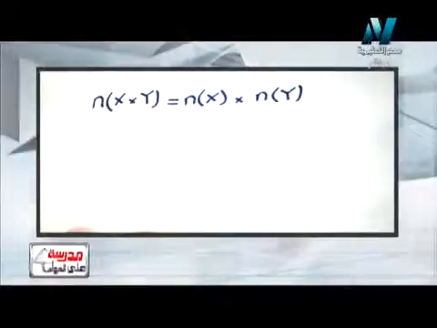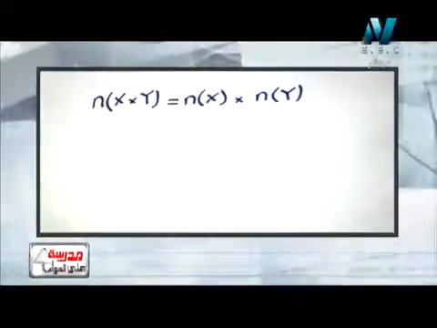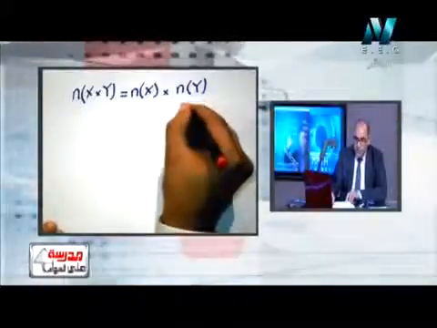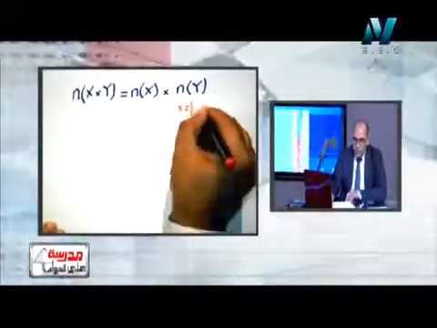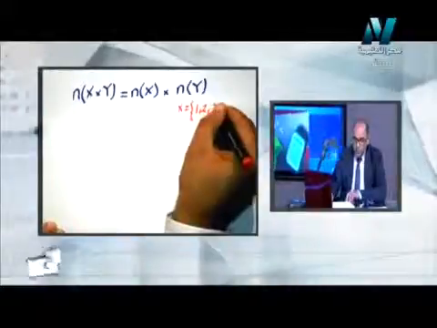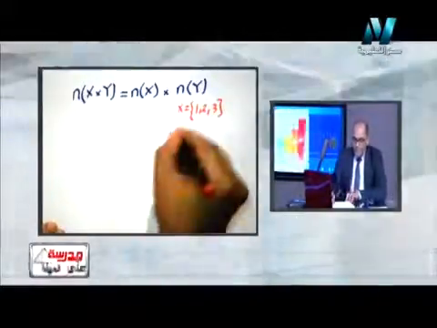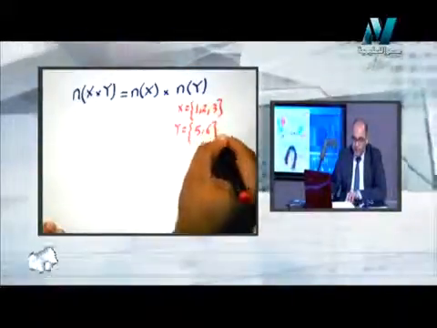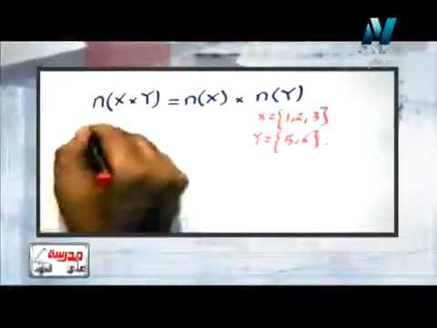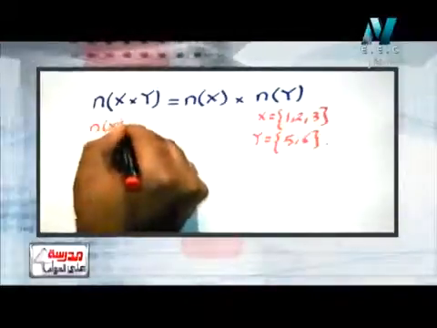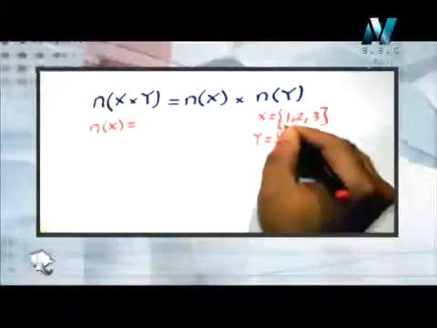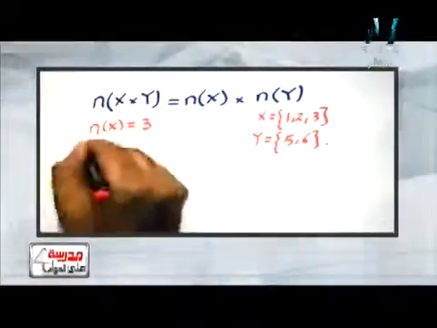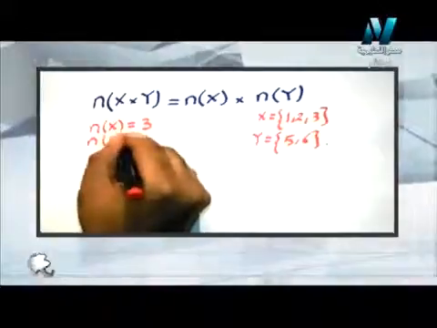Very important remark. If I have two sets with elements, like x equals 1, 2, 3 and y equals 5, 6, the question now is n of x: count how many elements of x. 1, 2, 3, just put 3. n of y: how many elements of y?